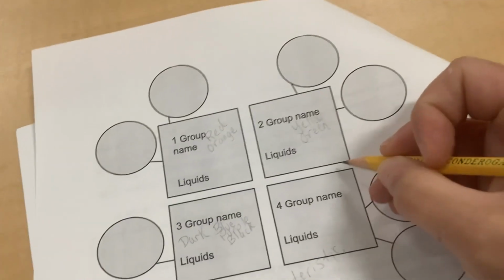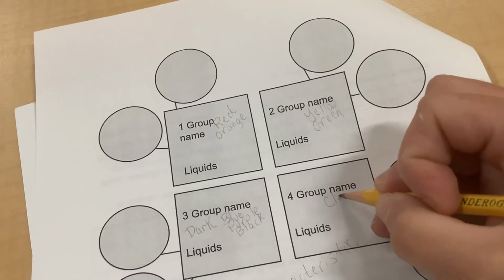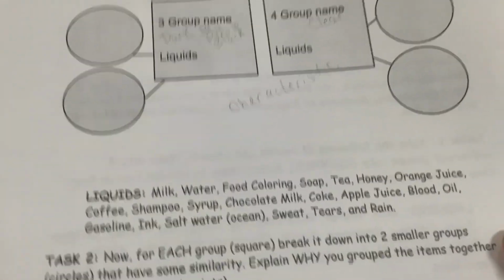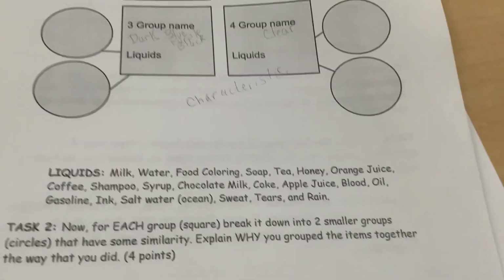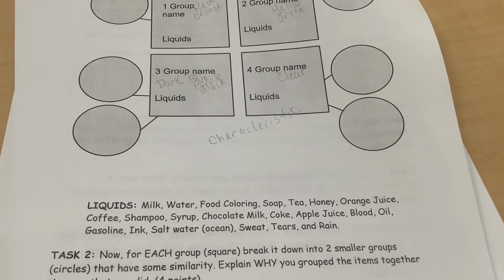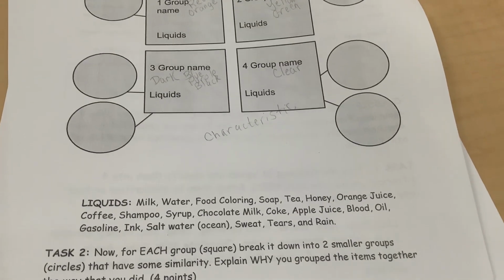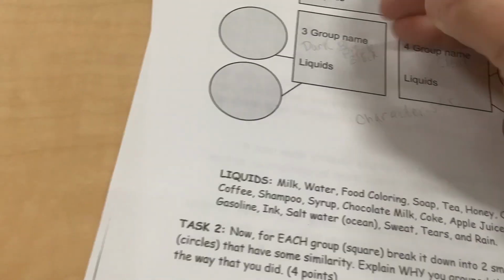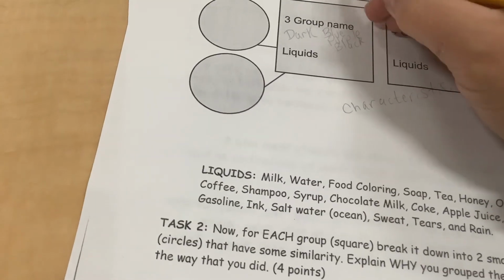And then clear. All right, so if I look at my liquids, let's do red and orange. So I would say red and orange juice. So I'm going to put OJ here.